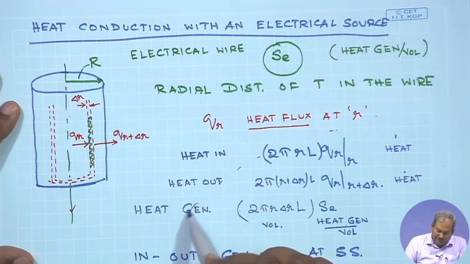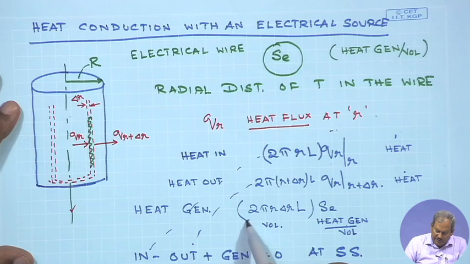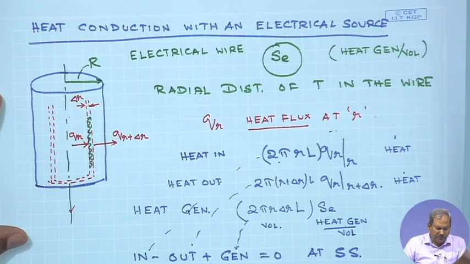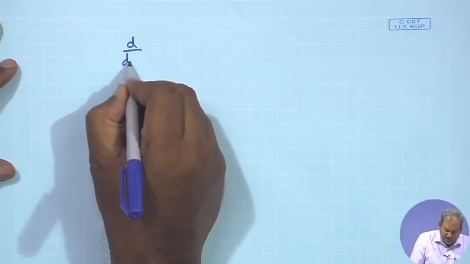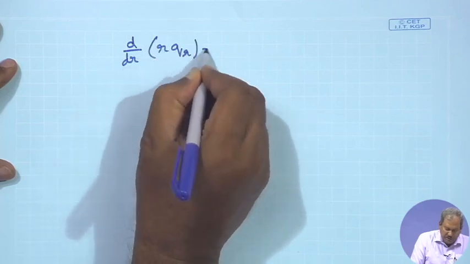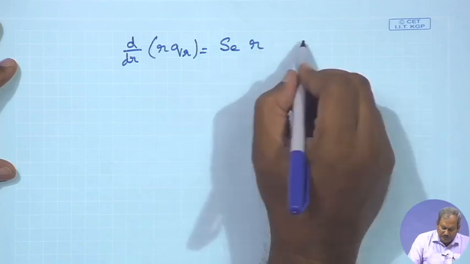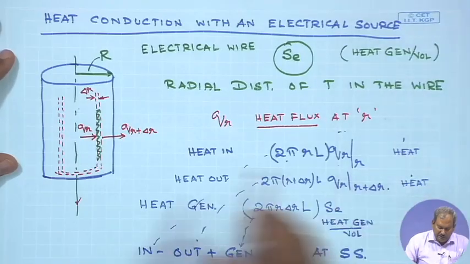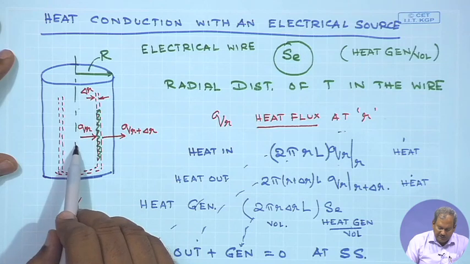You put these terms over here, in minus out plus generation is equal to 0, and divide all sides by delta R, cancel out pi L etc., and divide both sides by delta R. And when you do that, this difference equation would definitely be converted into the differential equation d/dR of R Q R is equal to S E times R. So, this becomes the governing equation for heat transfer when you have generation of heat inside a cylindrical system.